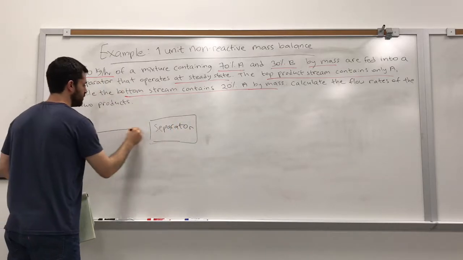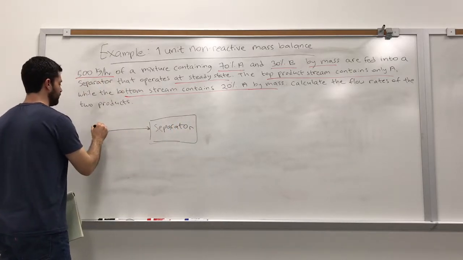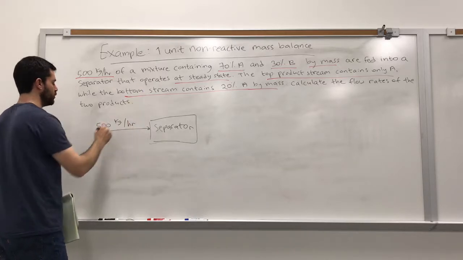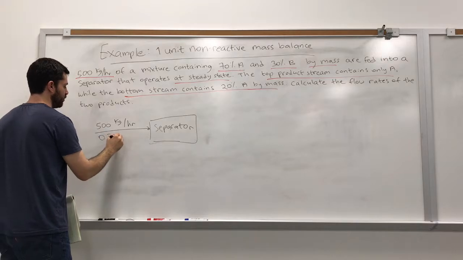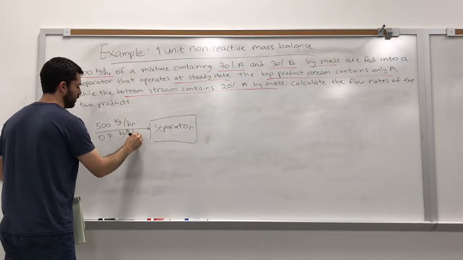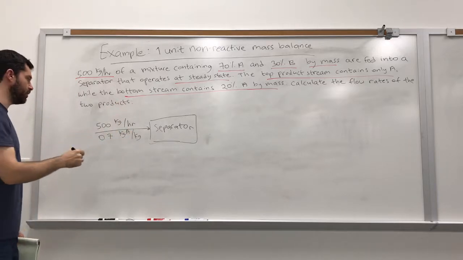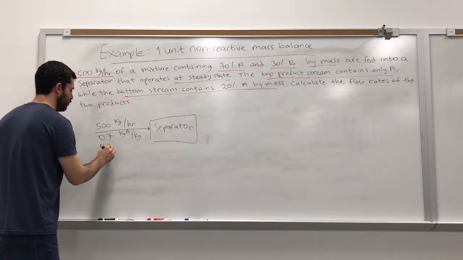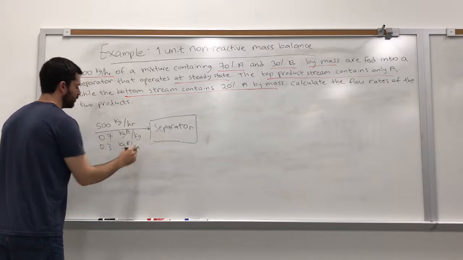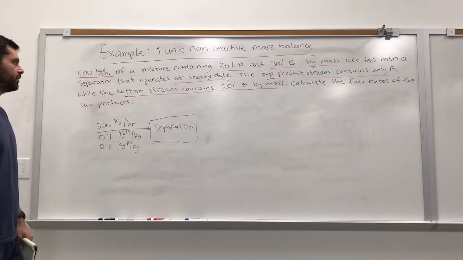And we have a feed into the separator, and we're told that it's 500 kilograms an hour of a mixture that has 70%, so 0.7 kilograms A per kilogram. It's another way to write 70% A by mass. And we have 0.3 kilograms B per kilogram, right? So that's that first line.